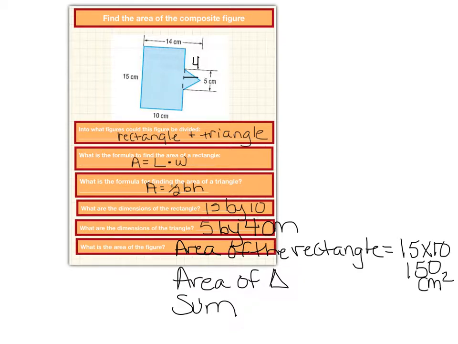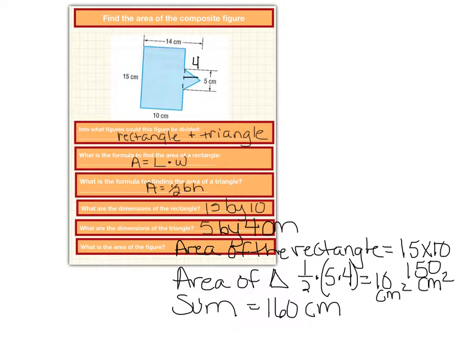The area of the triangle is 1/2 times base times height, which is 1/2 times 20, or 10 centimeters squared. So our sum is 160 centimeters squared. That's the area of this composite figure.